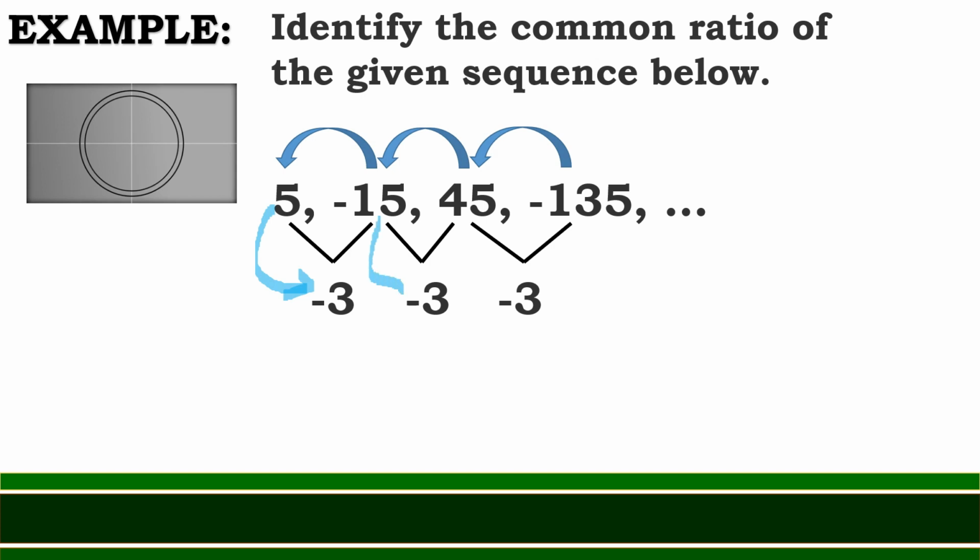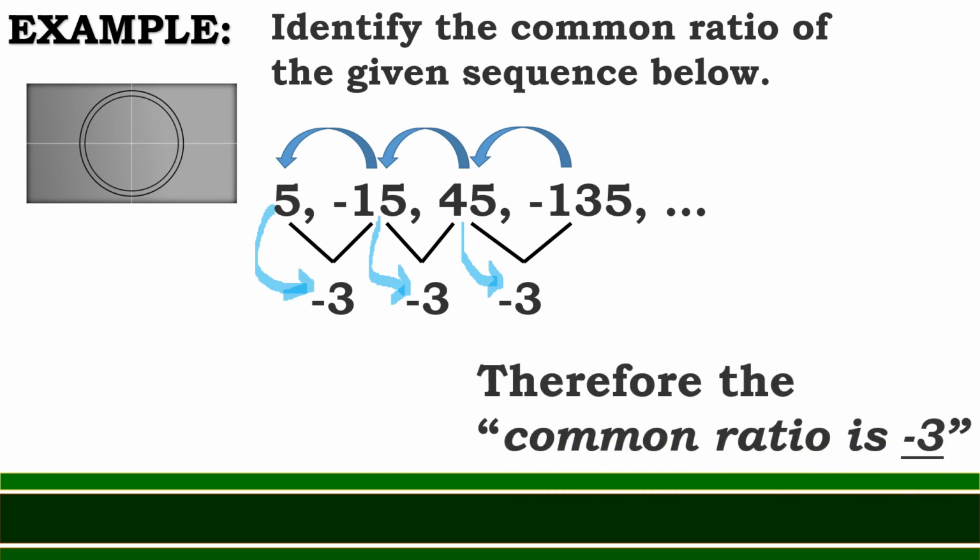Negative 15 times negative 3, negative and negative, will give you positive 45. Then 45 times negative 3, dahil unlike sign sila, will give you negative 135. Therefore, the common ratio from the given sequence is negative 3.